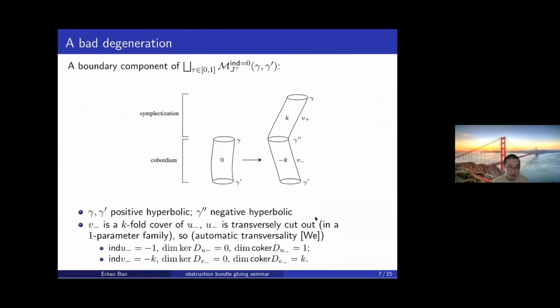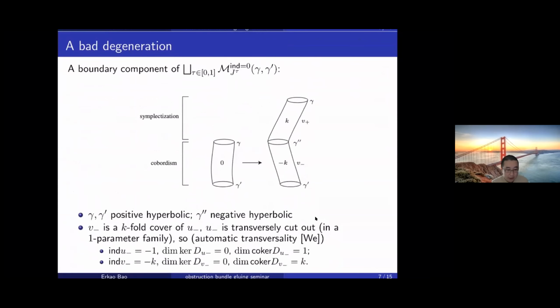To get a chain homotopy in general, usually one looks at the moduli space of J_tau holomorphic curves, as tau varies, of Fredholm index 0 inside the symplectic cobordism, connecting from gamma to gamma prime, where tau lies in this one-parameter family.